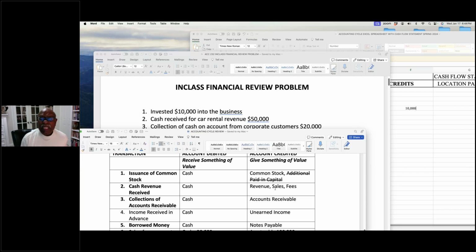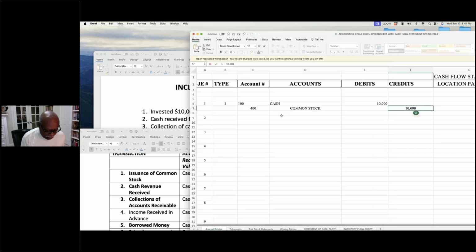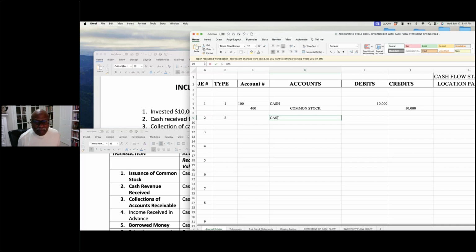So when we get ready to make this second journal entry, it's type 2. Debiting cash again. This time we're crediting sales. The amount was $50,000.